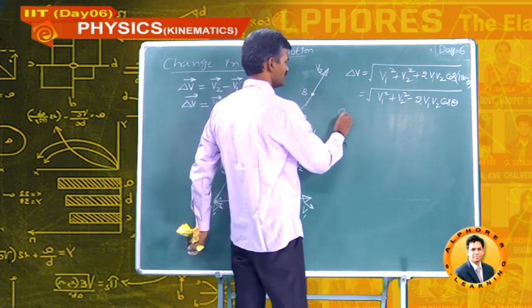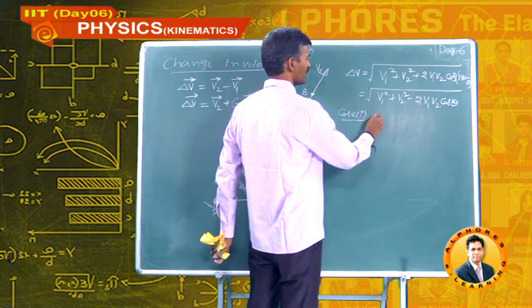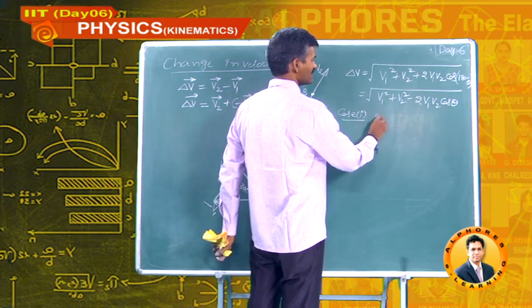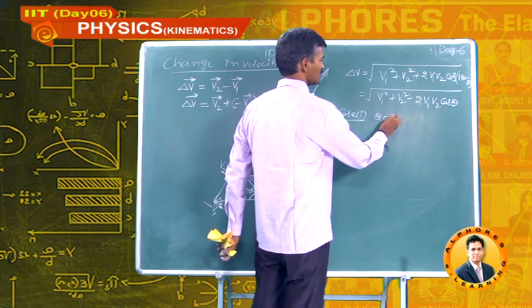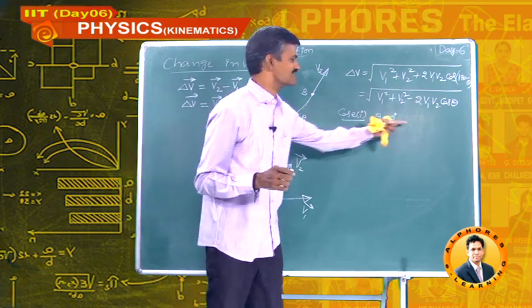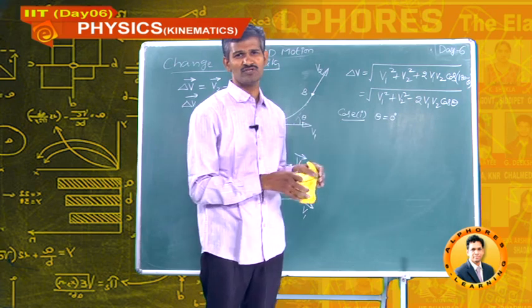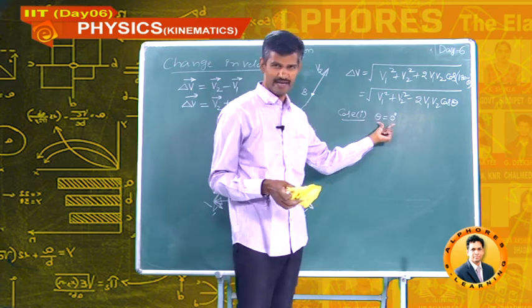Case 1 is if theta is equal to 0 degrees. If theta is equal to 0, then the body moves in a straight line. Then we are already discussing one dimensional motion, so it will be our case.